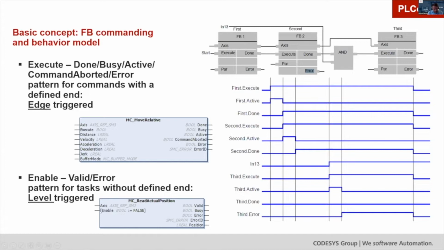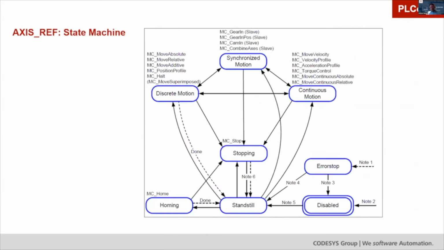When the enable input is true, the function block starts its action, and as soon as possible, it will set the valid output and the values that it has collected. The read actual position function block follows this pattern. It just gives back the actual position of the axis. Okay, so this is about issuing commands from the application.